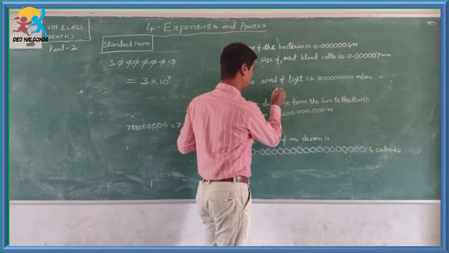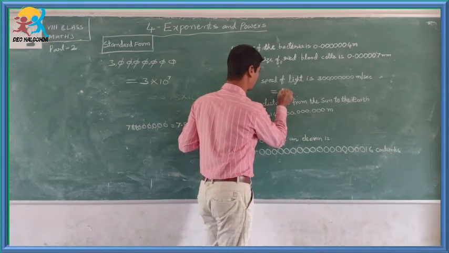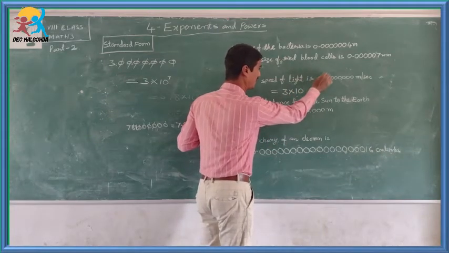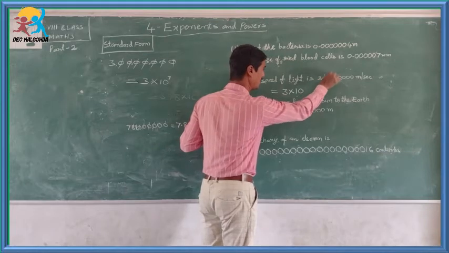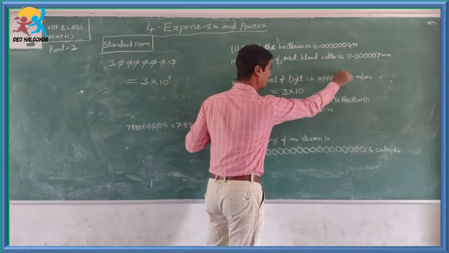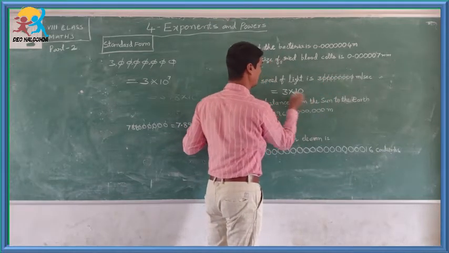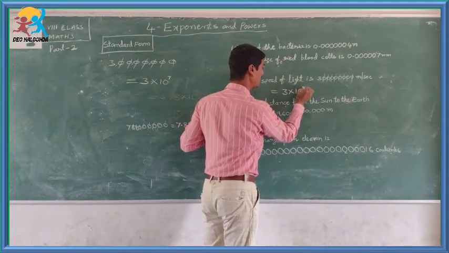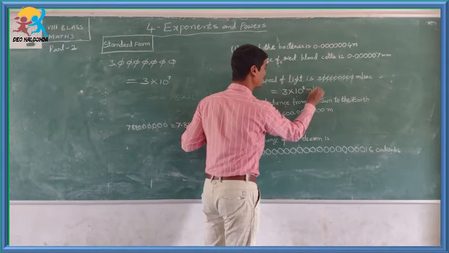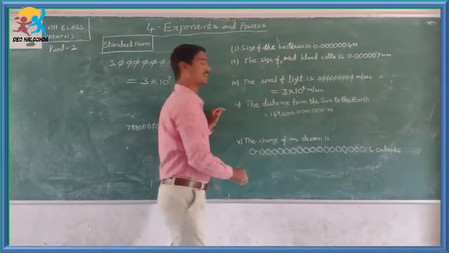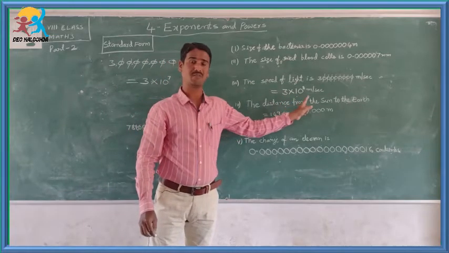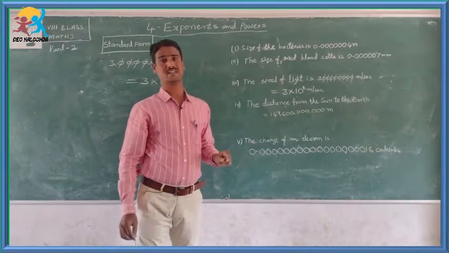Let's write easily. 3 into 10 to the power of, after 3 how many digits are there? 1, 2, 3, 4, 5, 6, 7, 8. 3 into 10 to the power of 8 meters per second. So the speed of light is 3 into 10 to the power of 8 meters per second.